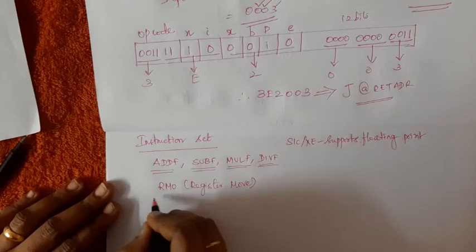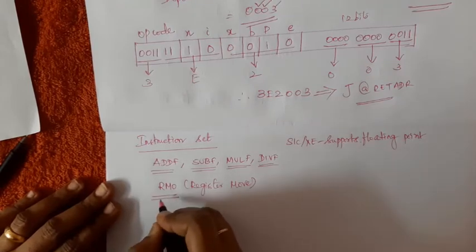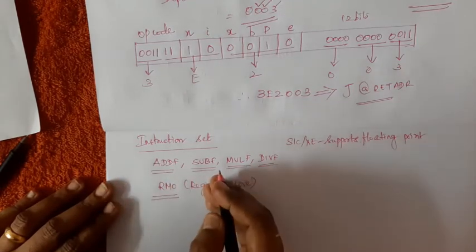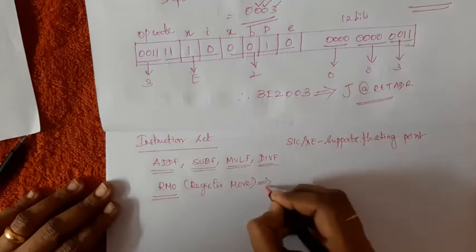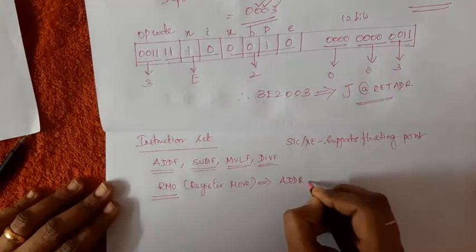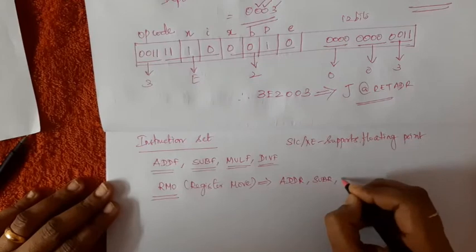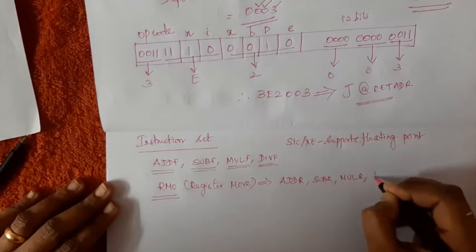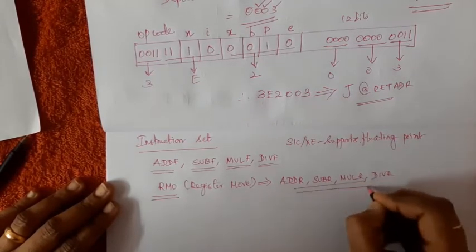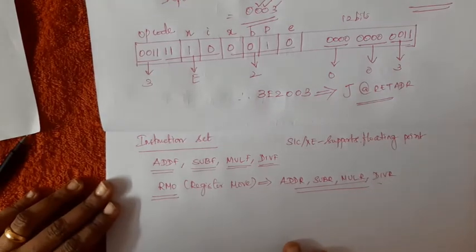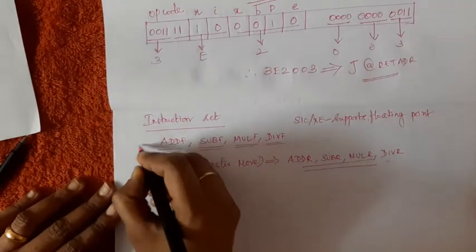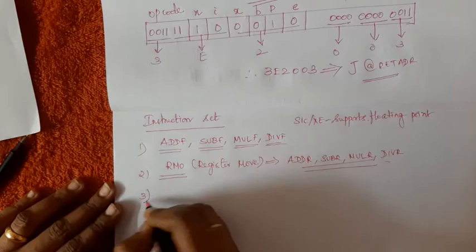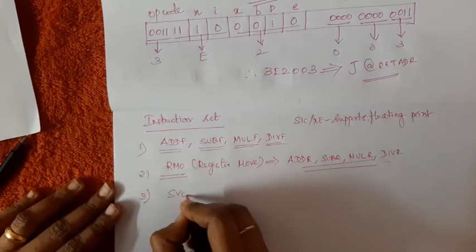This helps to include register to register arithmetic operations: ADDR, SUBR, MULR, DIVR. Besides, we have SVC.